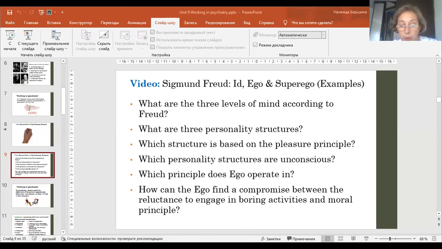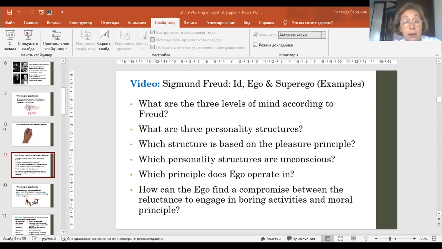The fourth question is about structures which are unconscious. So Bere, is Bere here? Yes, I'm here. So please answer this question. Which personality structures are unconscious? We understand that we are speaking about id, ego and super ego, right?